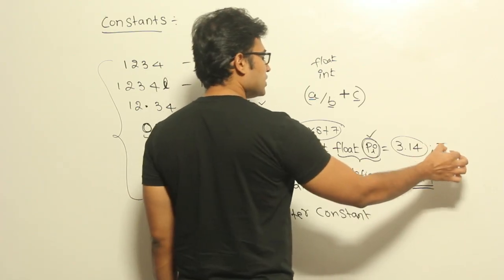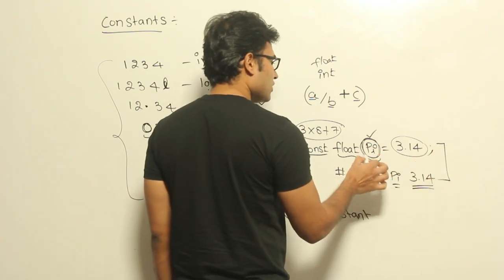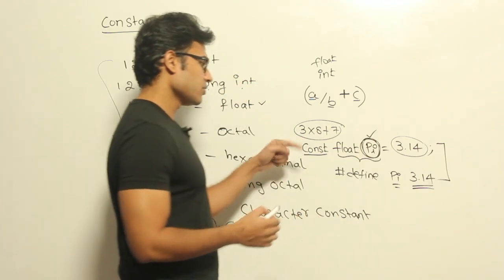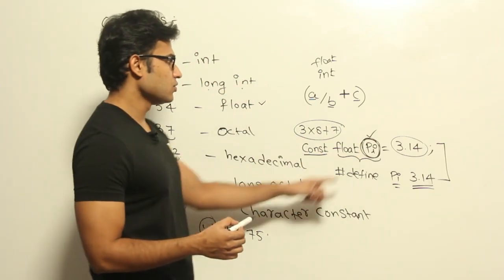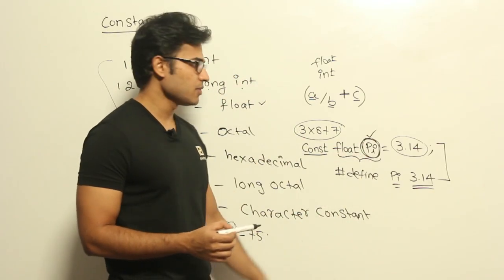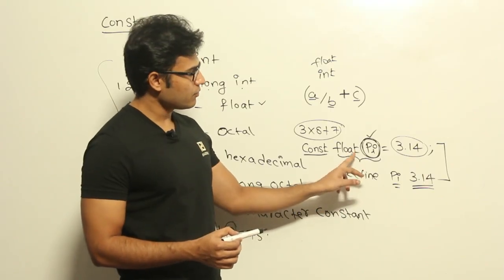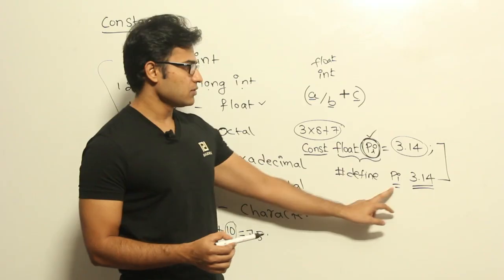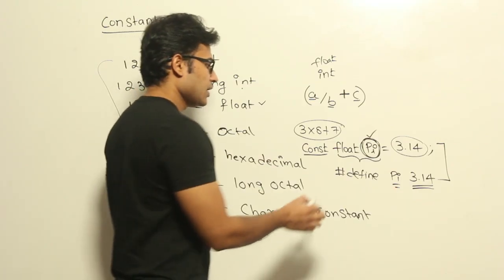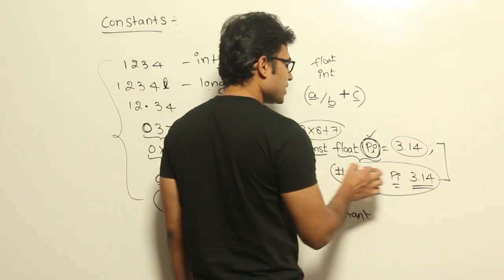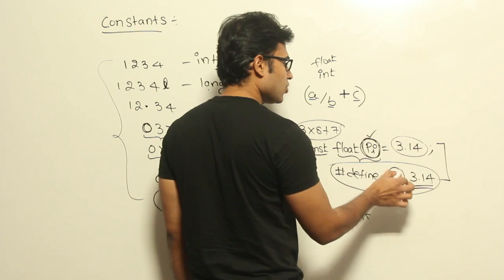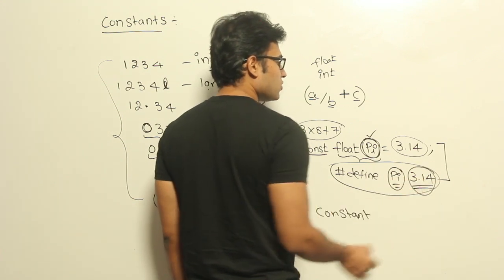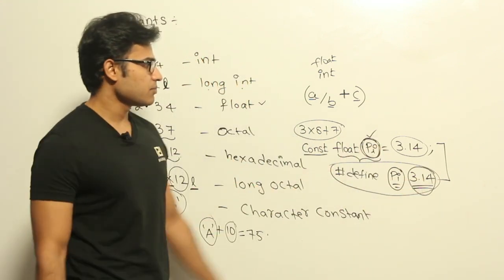Now what is the difference between these two? Here pi is actually a variable which will be visible in your program, and you can use the value of pi while writing the program, and once you start running the program, pi will still be there. But with hash define, your preprocessor is going to replace every occurrence of pi in the program with 3.14, and so after the preprocessing phase, pi will not exist.